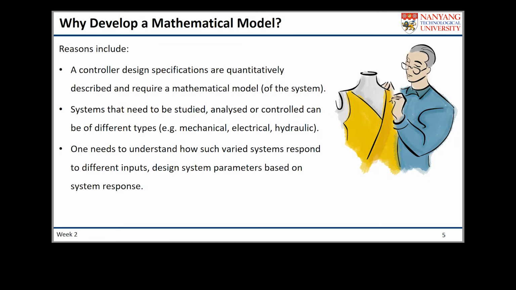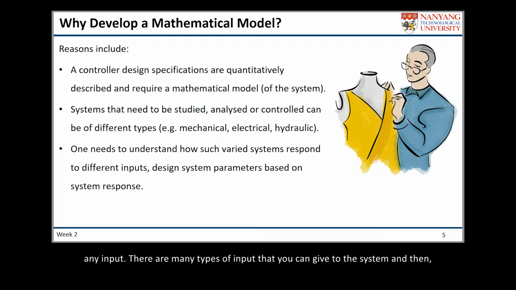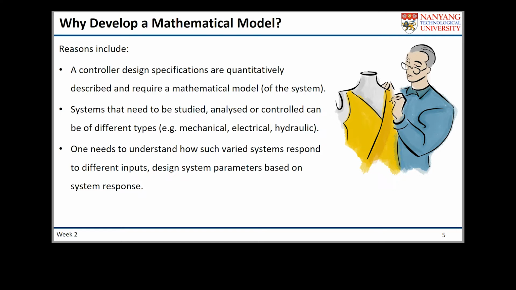We also need to understand how different systems will respond to inputs. There are many types of input that you can give to a system, and you need to understand how the system will respond to different inputs. This will also help us design system parameters based on the system response that you might have.